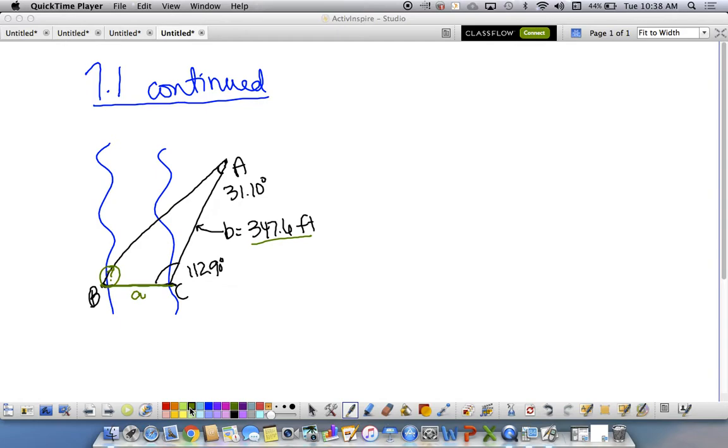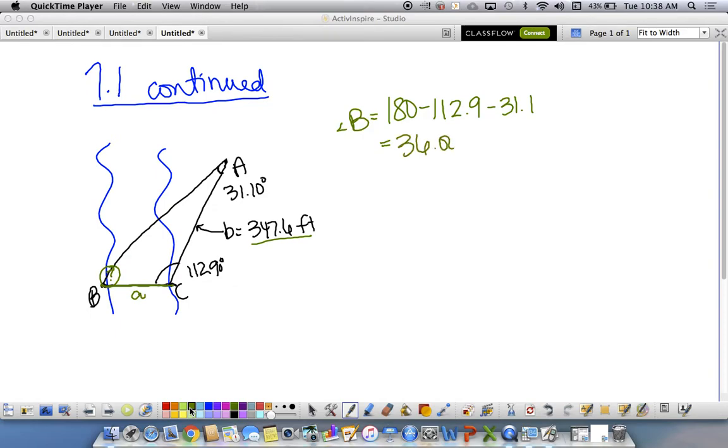So if we need to find angle B, how are we going to find the measure of angle B? Yeah, we're going to subtract 180 minus 112.9 minus 31.1. So angle B will simply be 36 degrees.